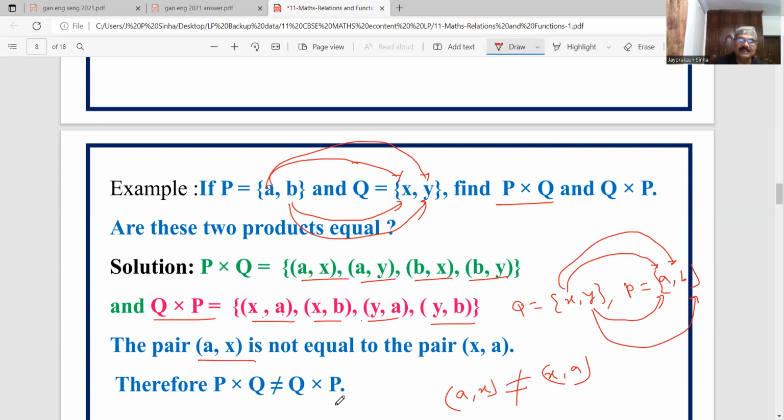Correct? If it were like this, AX and this is also AX, then we could say this is equal. But here it is AX, and the first element of the Cartesian product of Q with P is XA. So they are not equal. Therefore P cross Q is not equal to Q cross P.